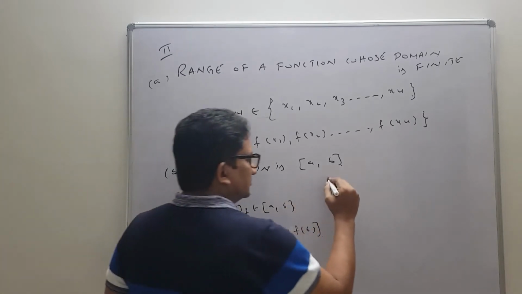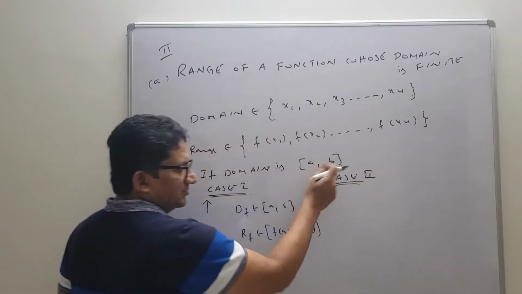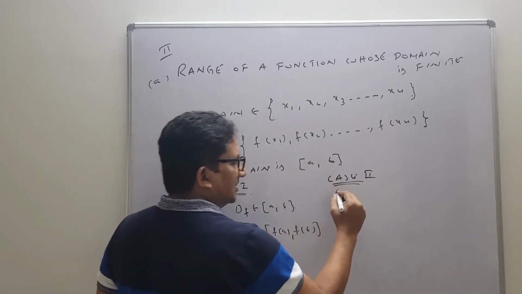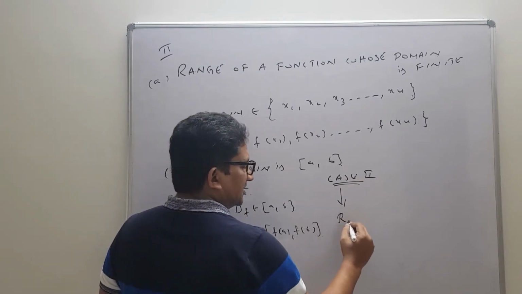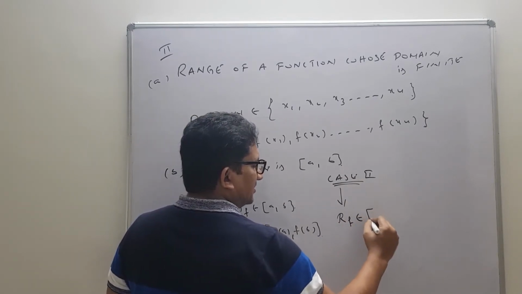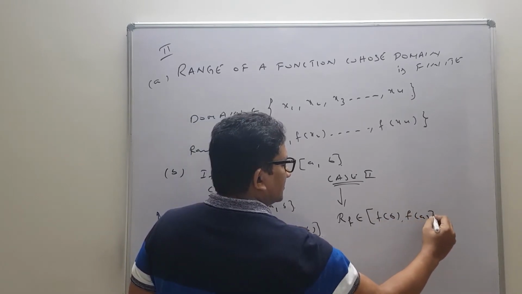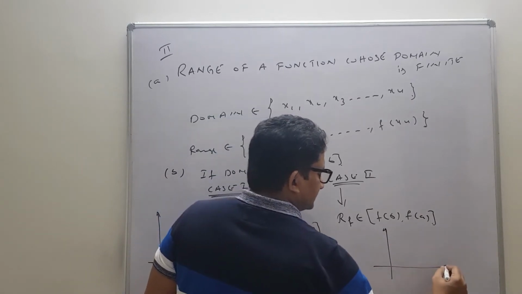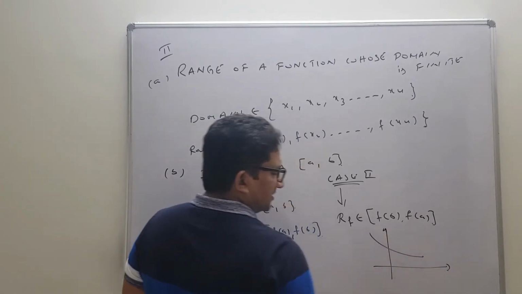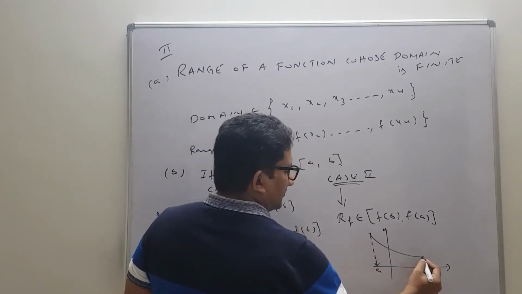Next, case 2: the same domain, closed interval a comma b, and the function is decreasing. Then the range of the function will be f of b to f of a. This reason is clearly valid. See, if this is the decreasing function, let us assume it is defined in between a and b.